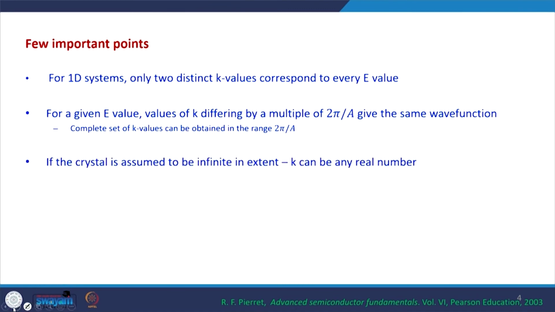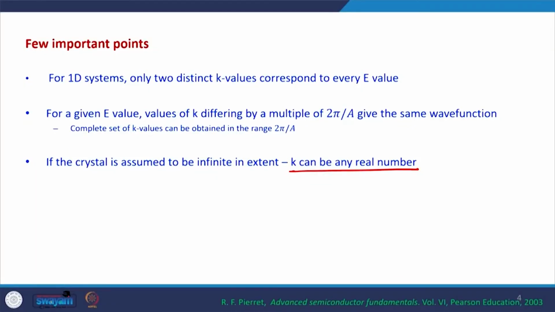The third point that we need to keep in mind is that if the crystal is assumed to be infinite in extent, in that case k can be any real number. So, if the crystal is infinite or very long as compared to the distance between two atoms, k can take any real number and there is no other constraint on k.